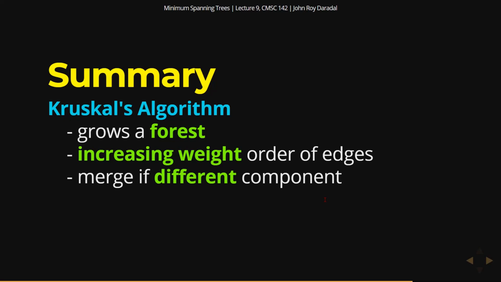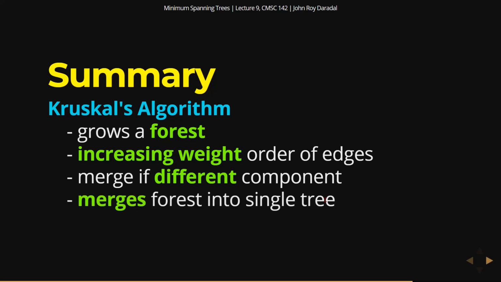We'll merge the two endpoints if they belong to two different components. Otherwise, we'll just skip because it will form a cycle, and then eventually this will merge the forest into a single tree, forming the minimum spanning tree.